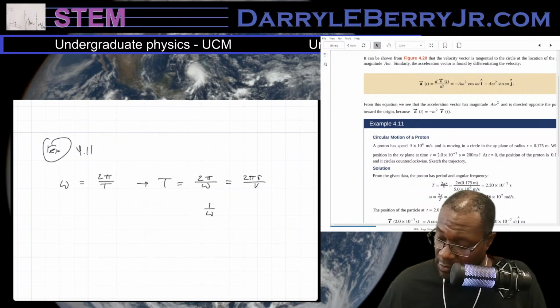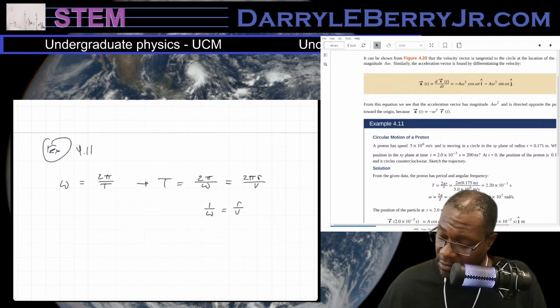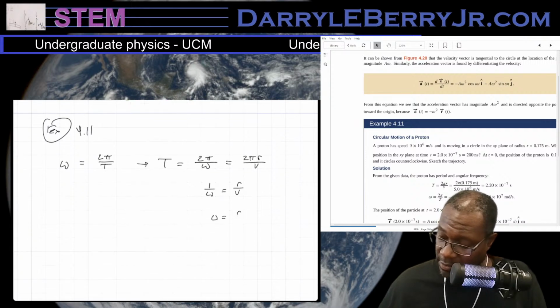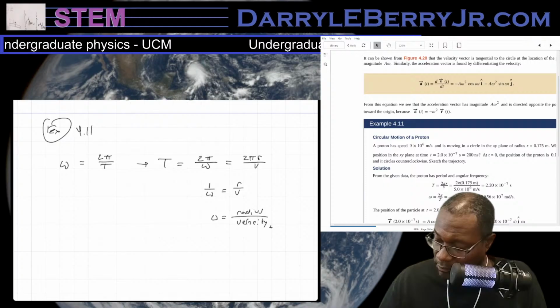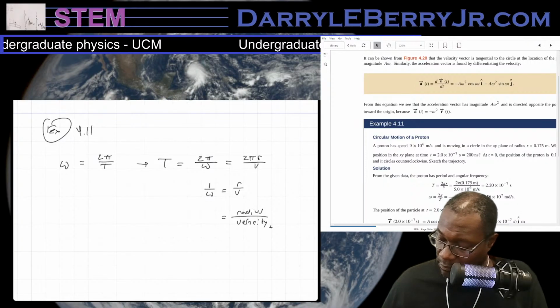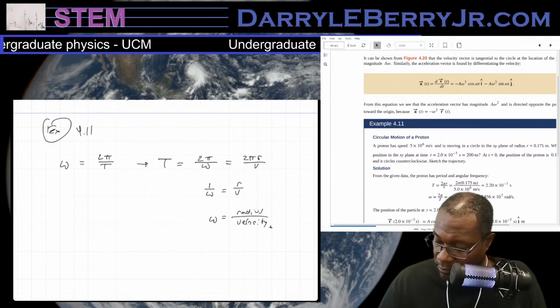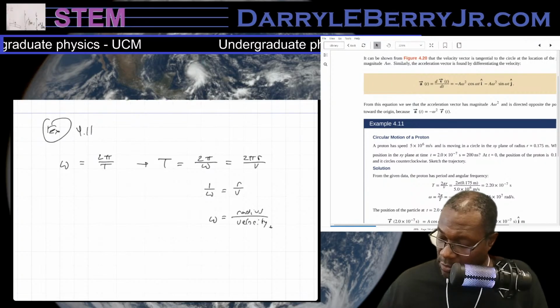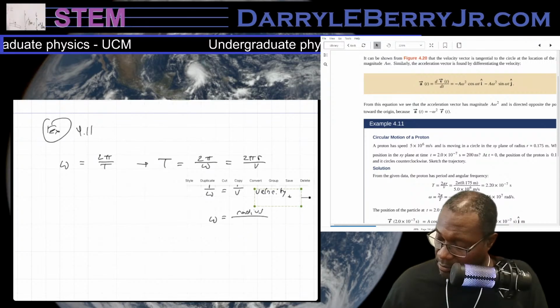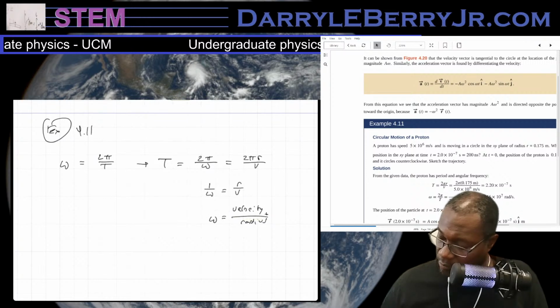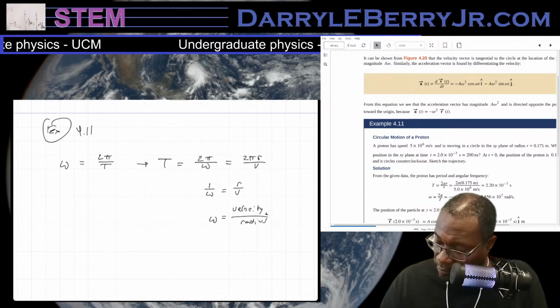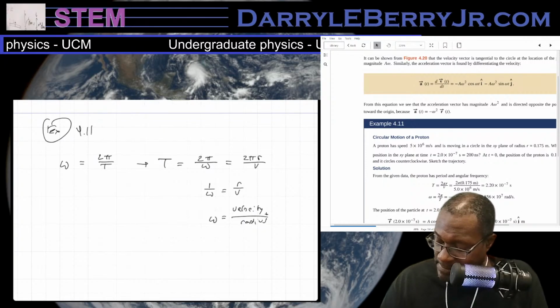So that means 1 over omega is r over v. So omega is tangential velocity over radius. Over a second divided by meters.